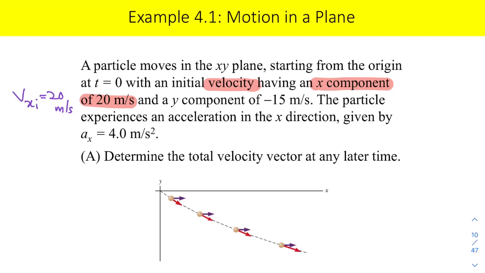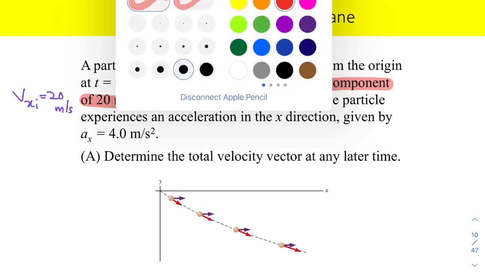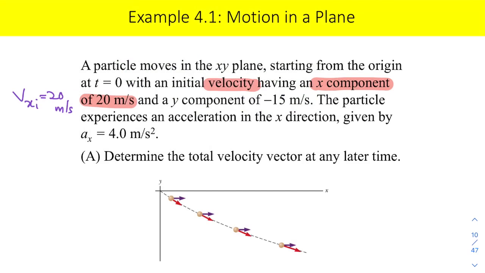And the y component of velocity is negative 15. So we can put Vy initial is negative 15.